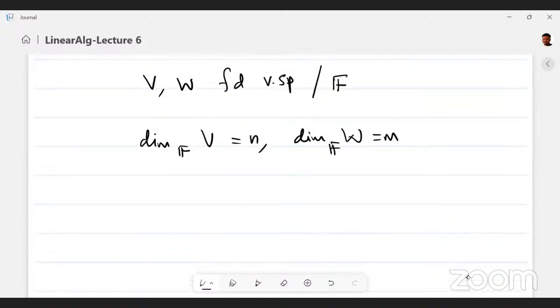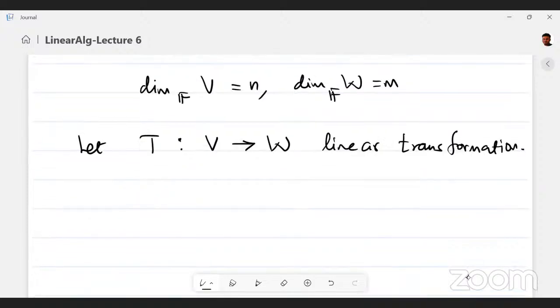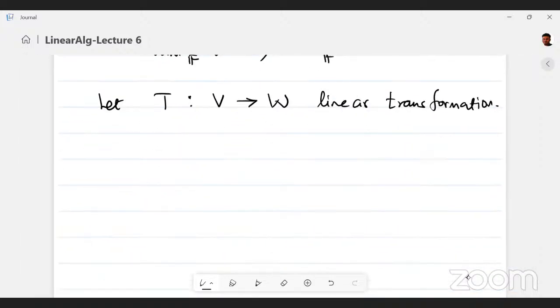Now we have a linear transformation from V to W, and I want to associate a matrix with this T.